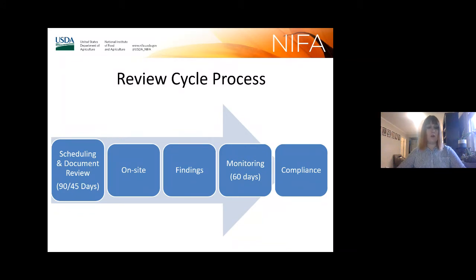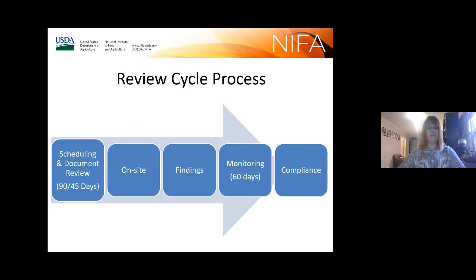A certification of compliance is basically a form letter, for lack of a better term, just letting you know that we've completed our compliance review, we've received everything we need, and we found you to be currently in compliance with civil rights laws. If you receive this letter at this stage, that ends the review cycle process, and your compliance review is completed.